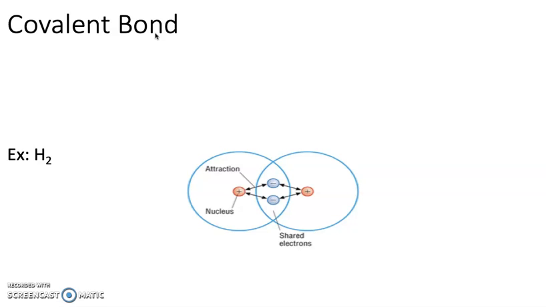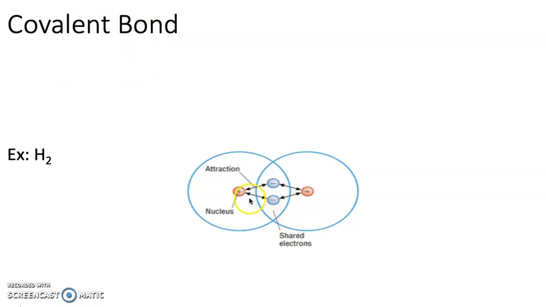All right, now in ionic compounds, like we talked about in the previous chapter, nonmetals obtain the metal's electrons. In this case, the covalent bond is a bond that's a lot weaker than the ionic bond because there's a sharing of electrons.